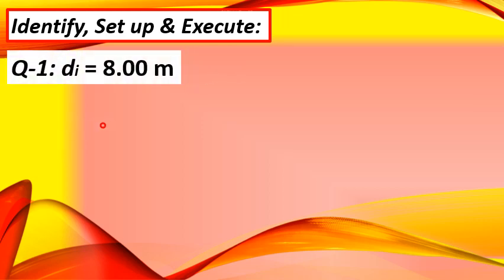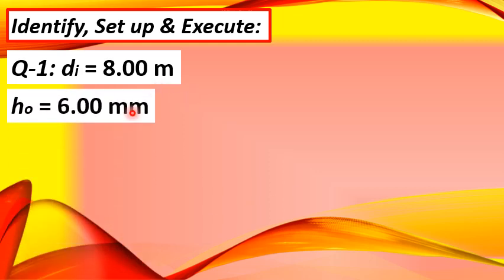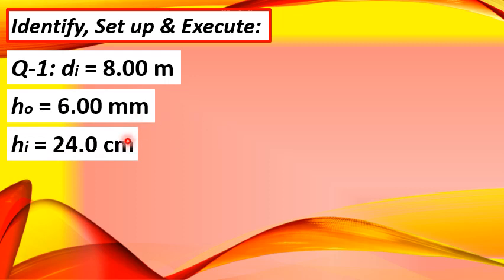The concave mirror is to form the image of the filament of the car's headlight lamp on a screen 8.00 meters from the mirror. So that means the image distance di is equal to 8.00 meters. We are also given the height of the filament, 6.00 millimeters, and the height of the image, hi equals 24.0 centimeters.